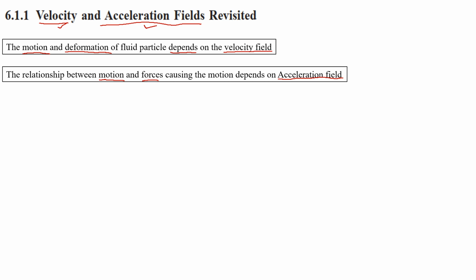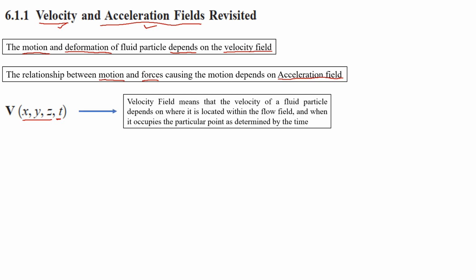So this is what we defined as our velocity field. Here we are representing velocity as a function of its position, the x, y, z axes, and time. So this is the velocity field.